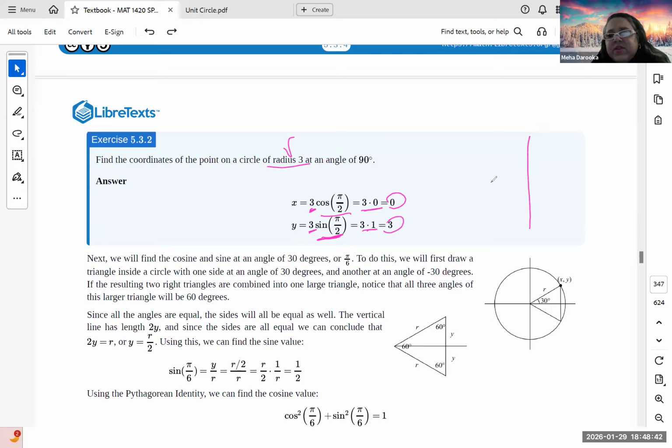So the idea is, if you had a circle with radius 1, or if you have a circle with radius 2, at radius 1, you would be at 0 and 1, right? At radius 3, you would be at 0 and 3. So it's just the radius that will affect the values.